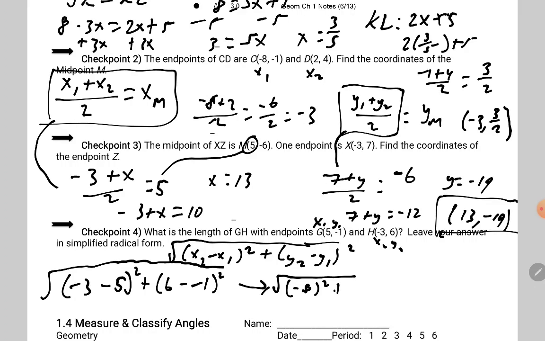That's going to be squared. Plus 6 minus -1 is +1, so that's going to be 7. So I get square root of 64 plus 49 equals the square root of 113. That cannot be simplified down anymore. It's actually prime. So that's all we can do.